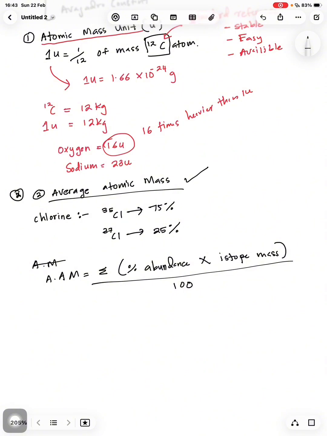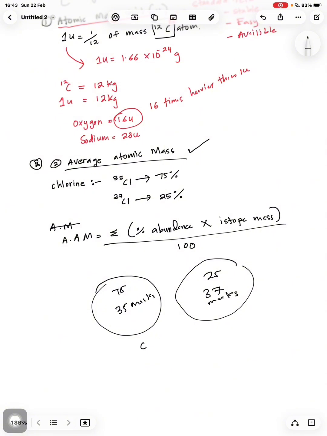For example, in a classroom, there are 75 students who score 35 marks, and there are 25 students who score 37 marks in a particular subject. Now, if we ask for the class average, we use the same formula, right? So it is not complicated. It's just the weighted average. That's all about average atomic mass.